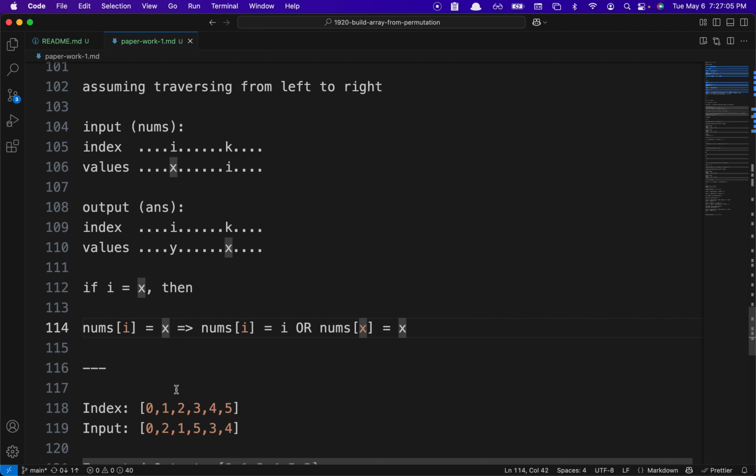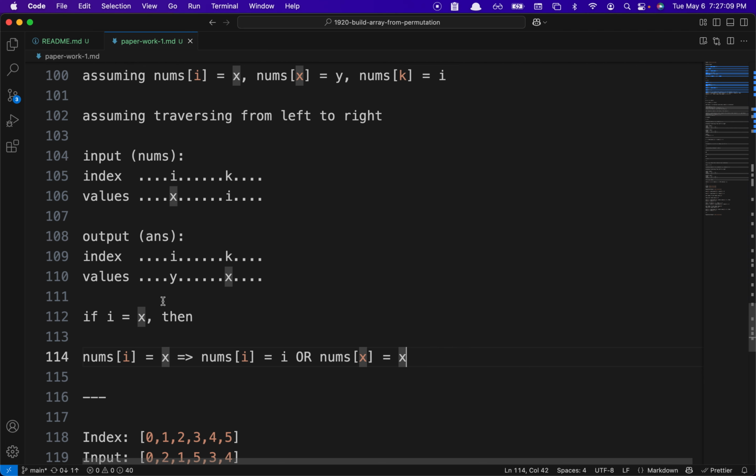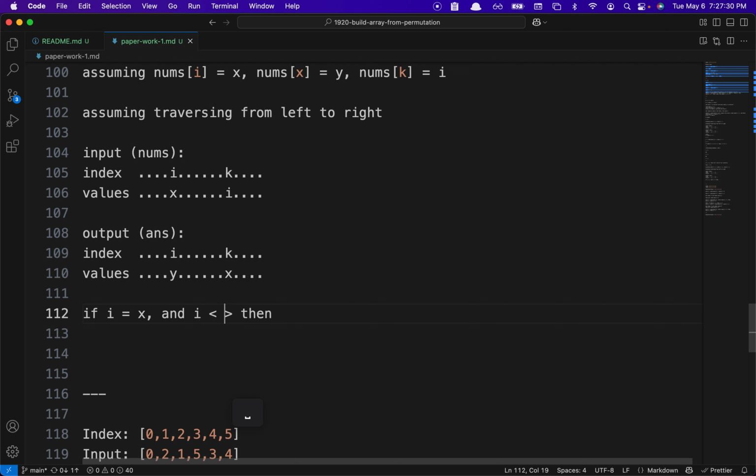If I and X are the same, then you say is equal to some value. If both of these are same, what can you tell about X? What can you tell about X, Y, and K, right? Then, and I is less than k, then x is less than k, right?